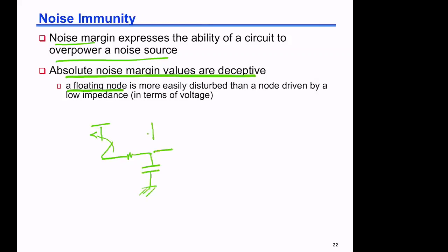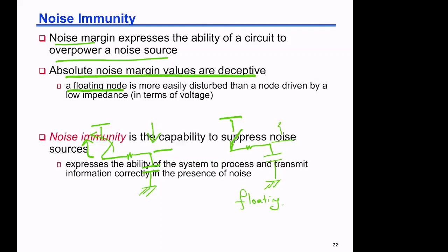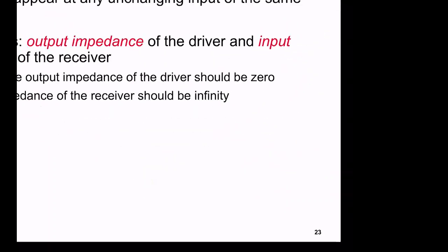So if it is subject to noise, the switch can help recover it, but the other node has the switch open and it was charged before. So if it is subject to noise, I cannot recover, whether pulling down or pulling up, because nobody is really helping it. So this, we call it a floating node, because nobody is really trying to pull it back to its true state. Okay? So noise immunity is our ability to suppress the noise.